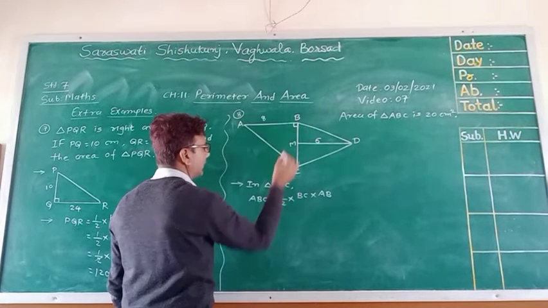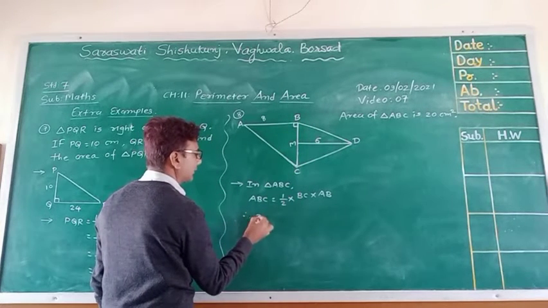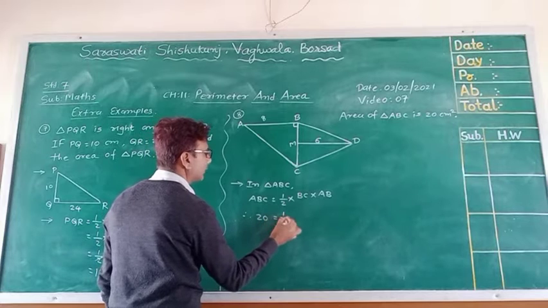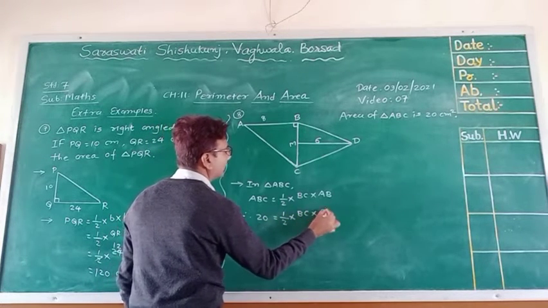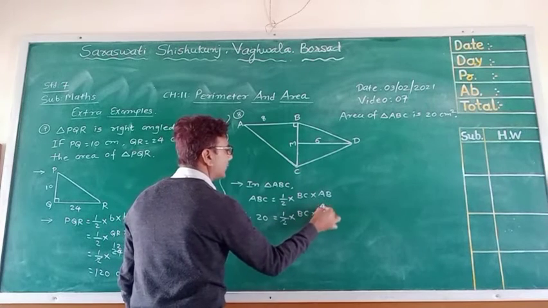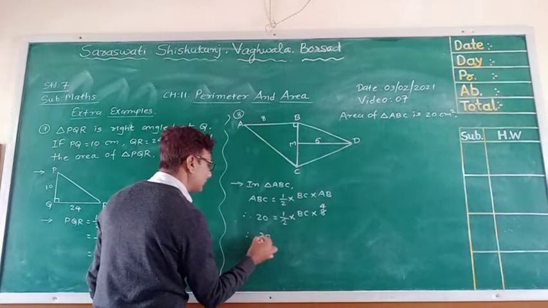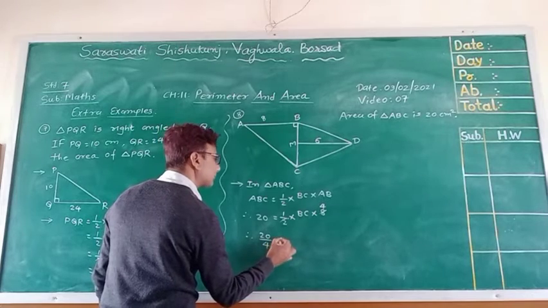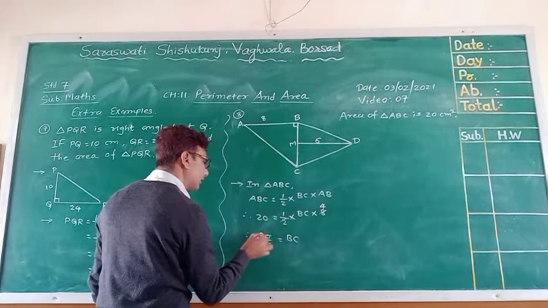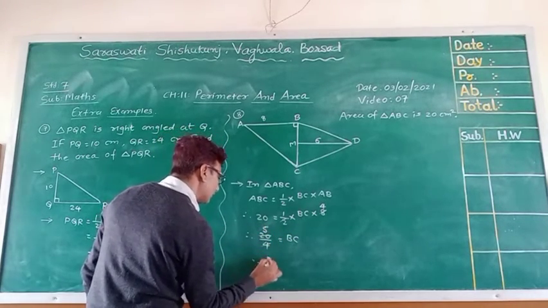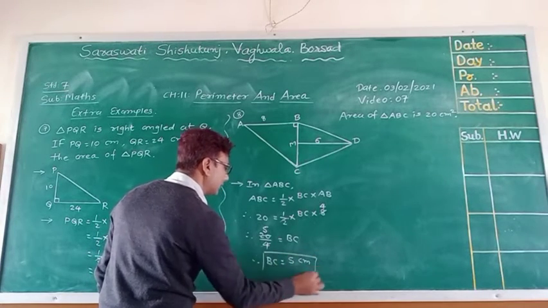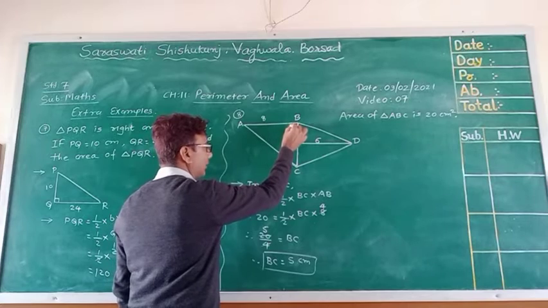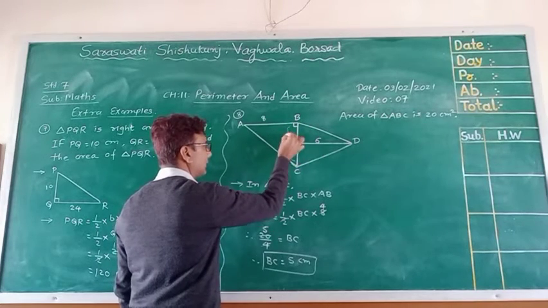Area of triangle ABC is 20, equals 1/2 base BC into AB, which is 8. 2 fours are 8. Now 4 is going downside, 20 by 4 equals BC. 4 fives are 20. So BC equals 5 centimeters. Yes, now the BC measurement I got is 5 centimeters.